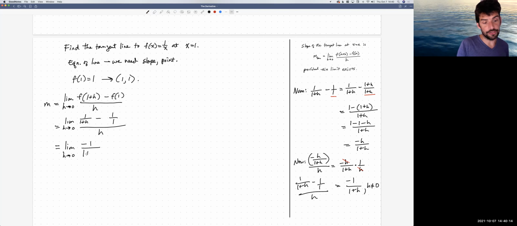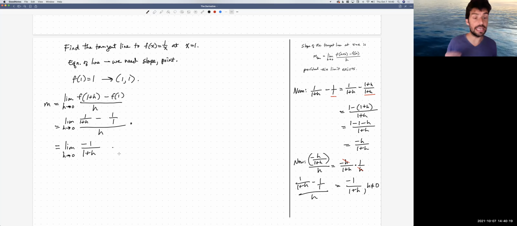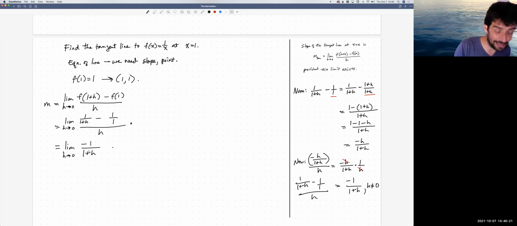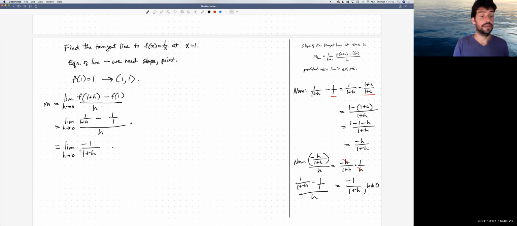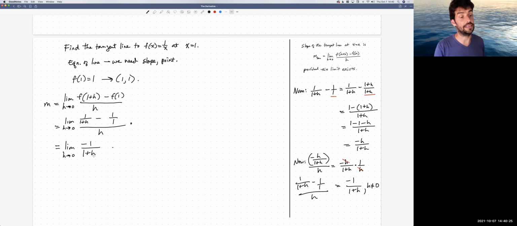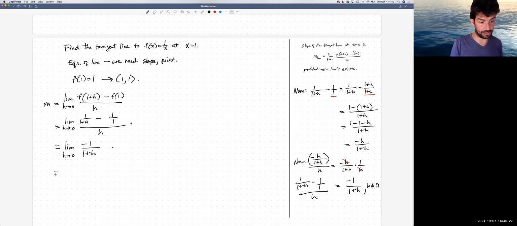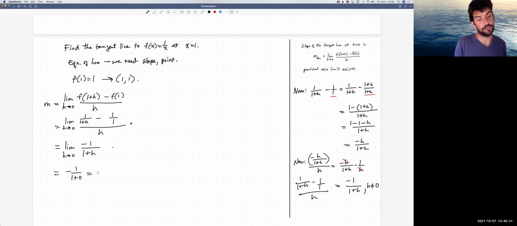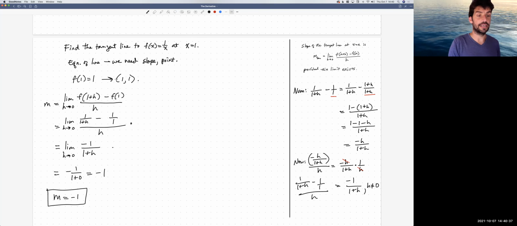And so these two things have the same limit. This limit is now easy to take because this is a rational function and 0 is in its domain. So we simply evaluate it. We get negative 1 over 1 plus 0, which is, of course, negative 1. So the slope of the tangent line is negative 1.